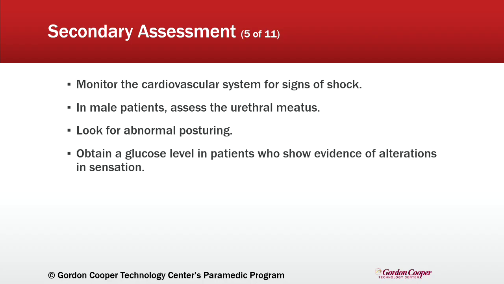In male patients, assess the urethral opening for any signs of blood, as well as for scrotal swelling, ecchymosis, and even signs of a priapism. You should also look for abnormal posturing. For patients with altered sensation, you need to obtain a blood glucose level as well.